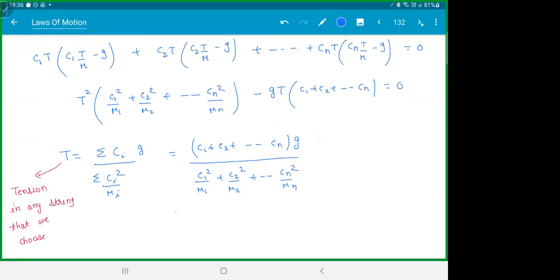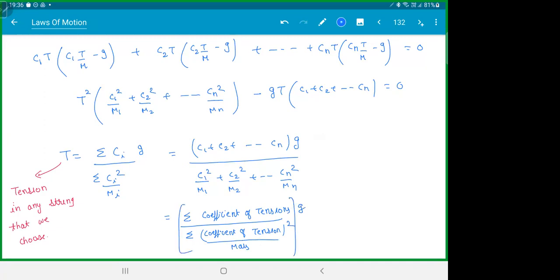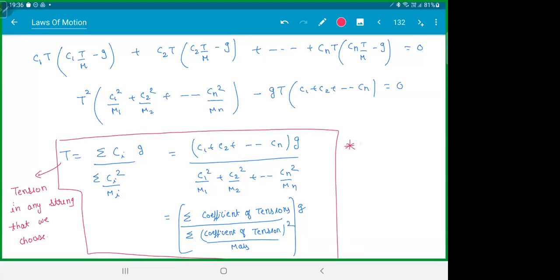So I'll just write this thing once more. This can be written as T equals sigma of the coefficients of tension times g, divided by sigma of coefficient of tension square by mass. This gives you the tension in any string. Let me show an example, you will understand. Main thing, use this only if strings are present, okay?